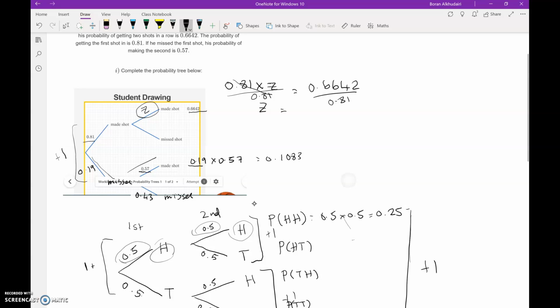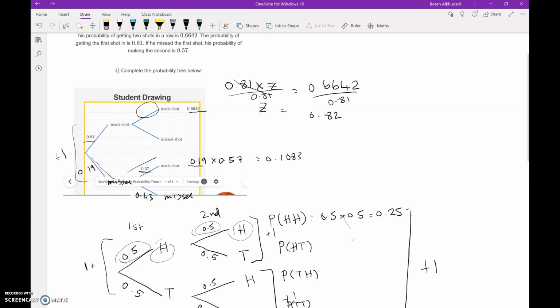So I just divide both sides by 0.81. z equals 0.6642 divided by 0.81, which is 0.82. And you can check this is correct by doing 0.81 times 0.82, which equals 0.6642.